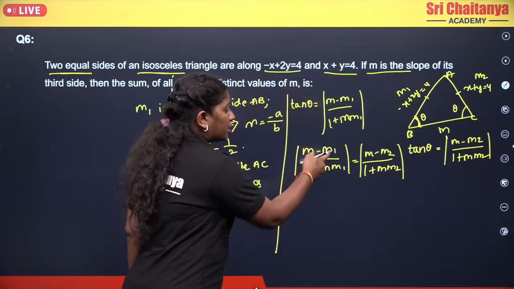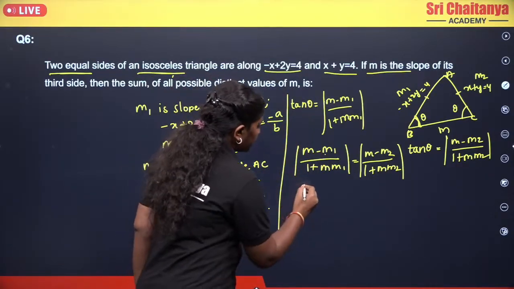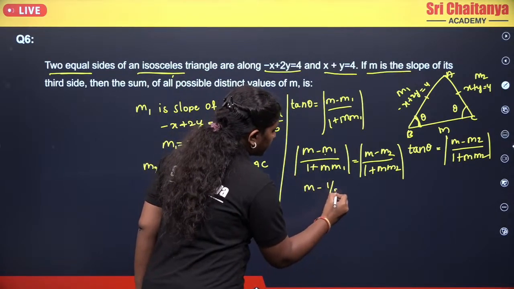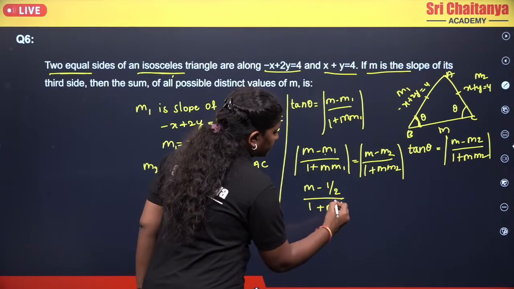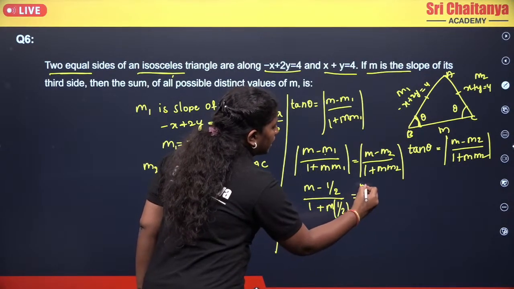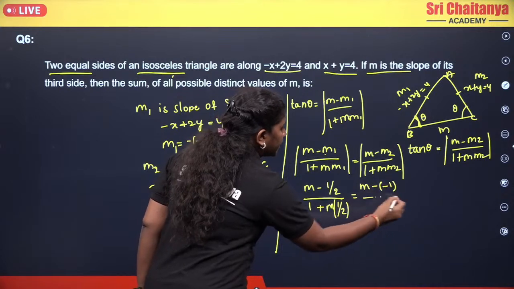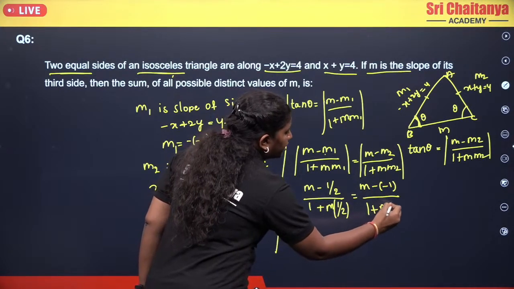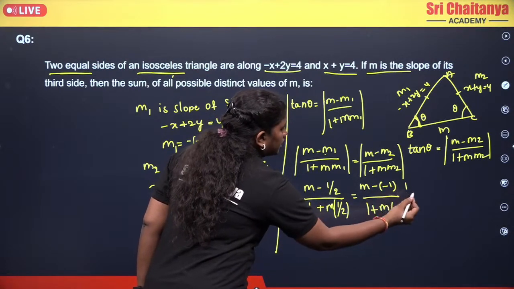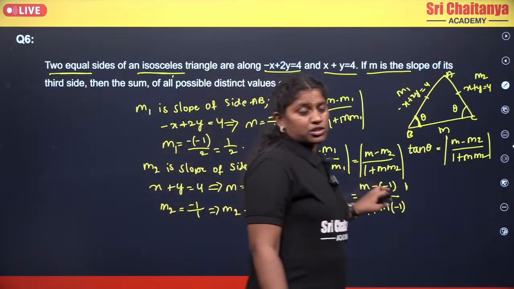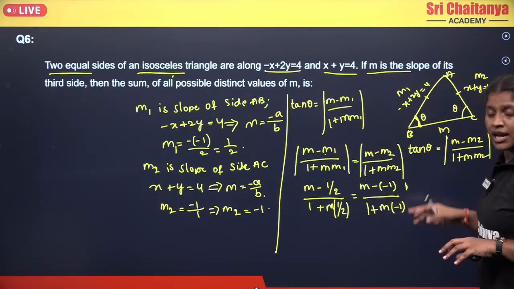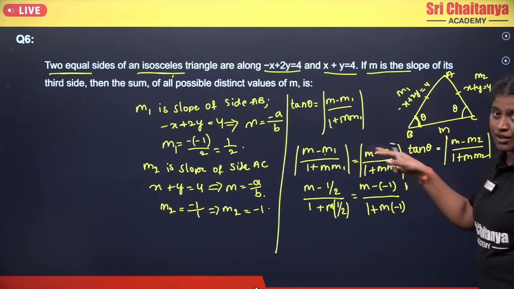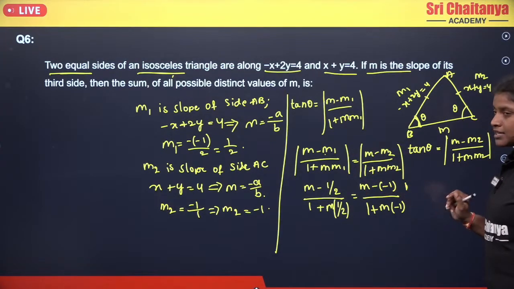Clear? Now m1 value is 1 by 2, so we get m minus 1 by 2 by 1 plus m into 1 by 2, which equals m minus of minus 1 by 1 plus m into minus 1. Clear? So we can eliminate the modulus on both sides. We are just removing the modulus on both sides, and after placing the values of m1 and m2, we get this equation.